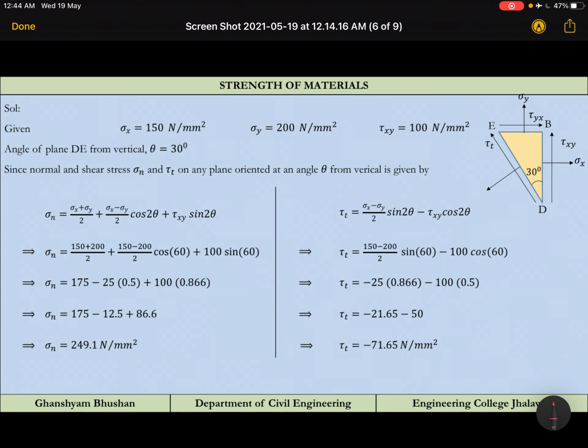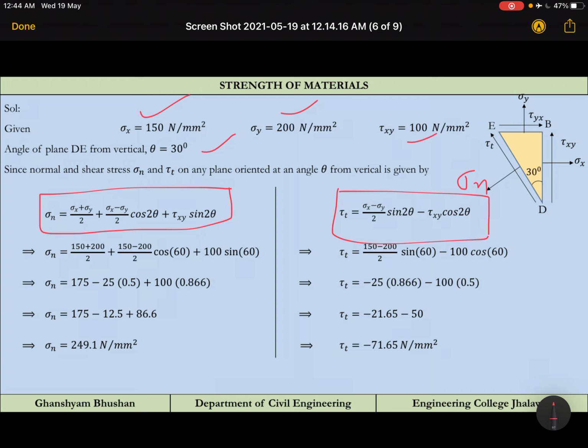Okay, so let us just see the values given in the question. So what are we being asked? 30 degrees, this is there, and this is sigma n. Sigma x is 150, sigma y is 200, tau xy is 100, theta is 30 degrees. Directly we can calculate. So we have sigma n, tau t. Just put the values, they are all positive.